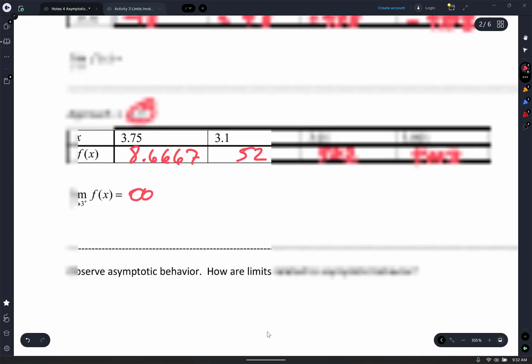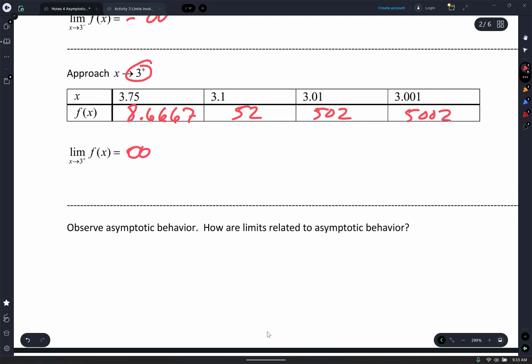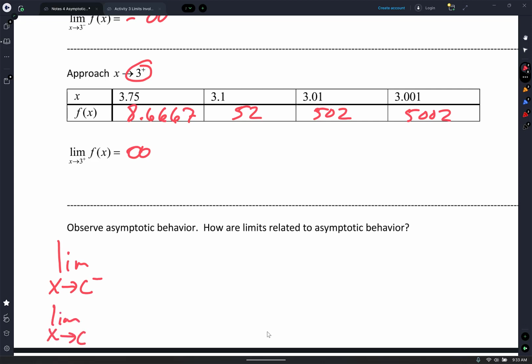So it says here, observe asymptotic behaviors. How are limits related to asymptotic behaviors? So here's how limits are related. If x is approaching c from either the left-hand side or the right-hand side of some function, and you get a positive infinity or negative infinity, it's a vertical asymptote.